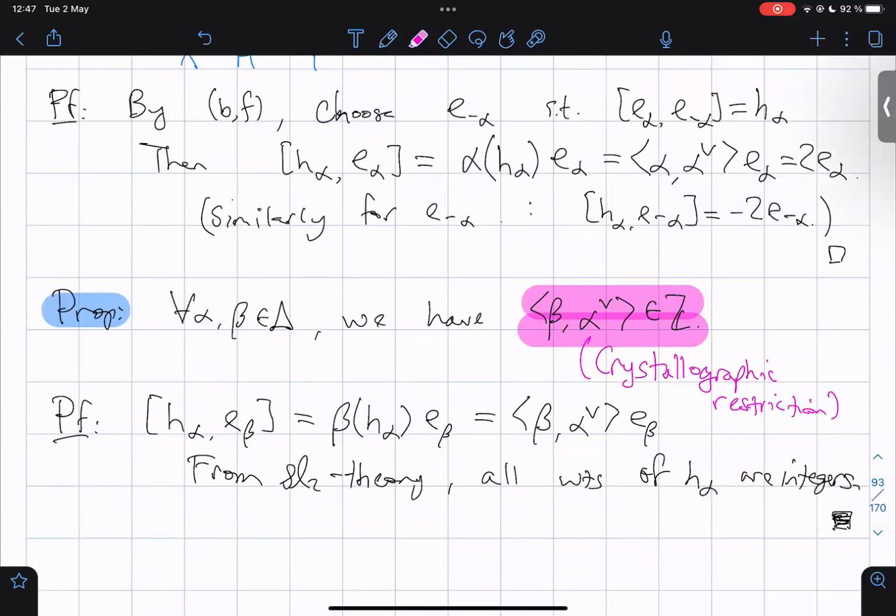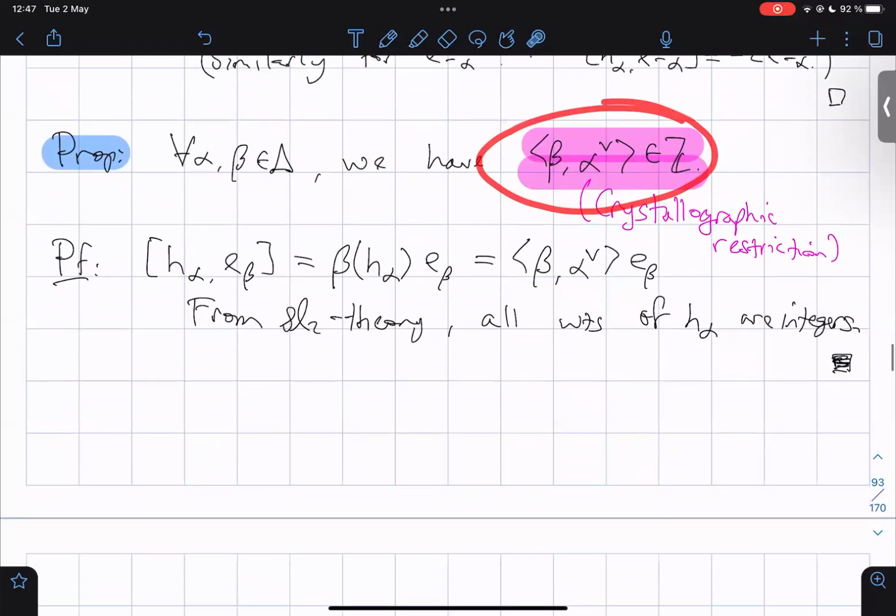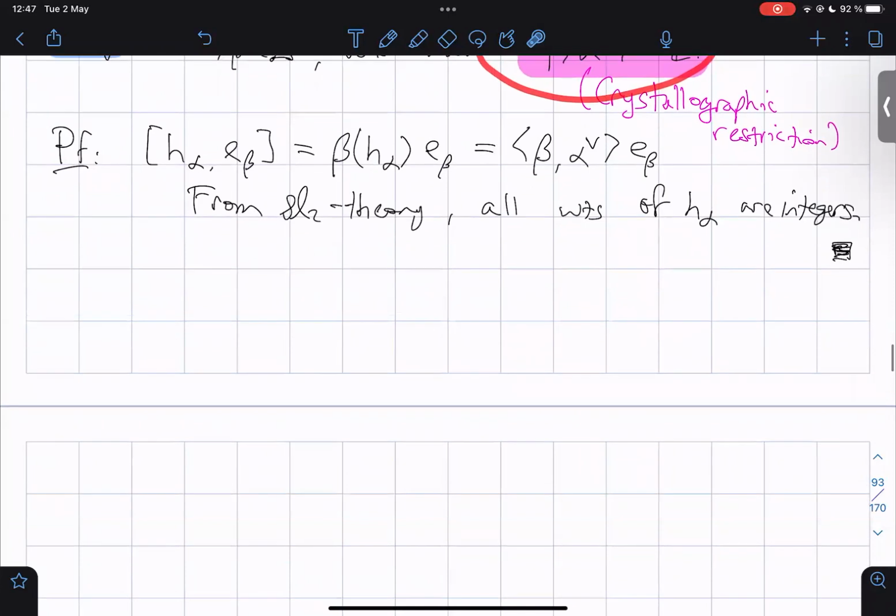I'll draw some pictures shortly, but let me formulate how this is related to something you could picture on the root diagram. What does this value mean? There's something called the root string.